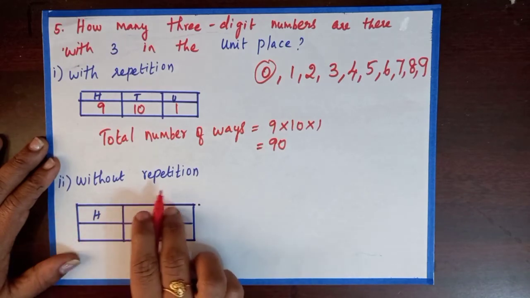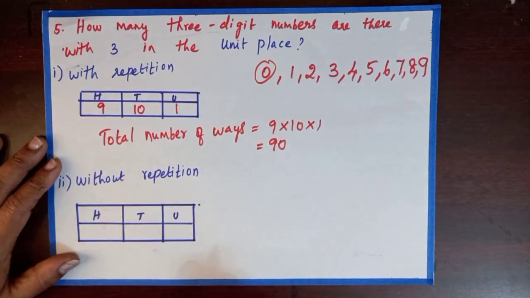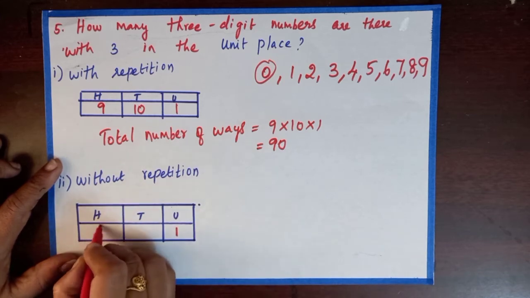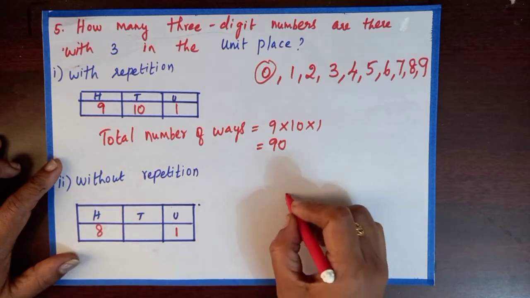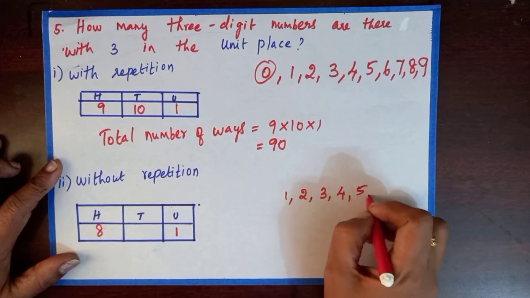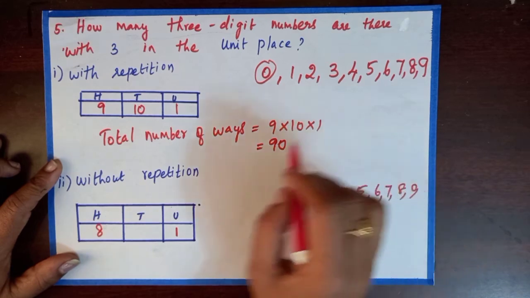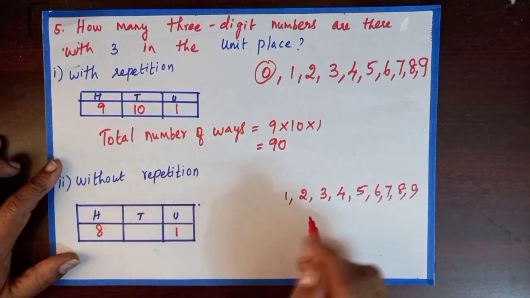Second subdivision is without repetition. Fix 3 in the unit place. The unit place can be filled in only one way using the digit 3. The hundreds place can be filled in 8 ways using the digits 1, 2, 3, 4, 5, 6, 7, 8, 9, excluding 0 and 3.